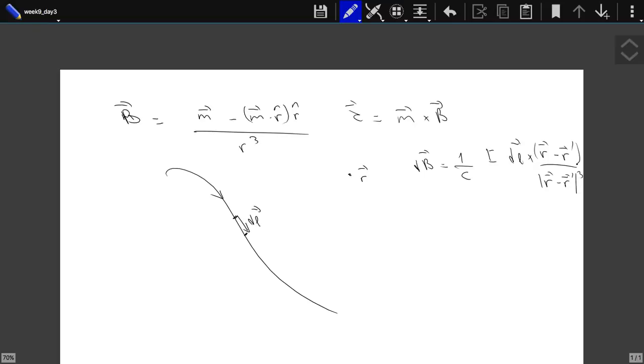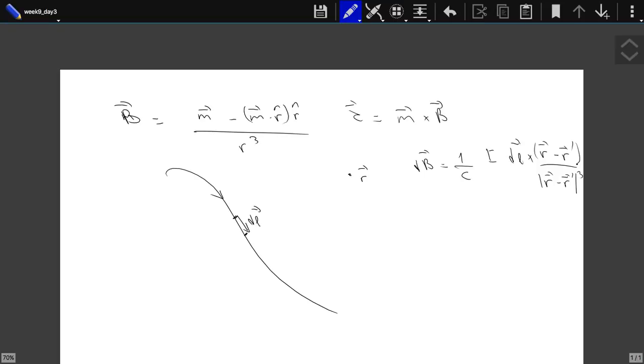At least the part relating to r and r prime is similar to the electric field expression, but there are important differences. Here we have a cross product of two vectors. If you remember, in the electrostatic case, we just have the charge, which was the source of the electric field, multiplied by that ratio of distances.